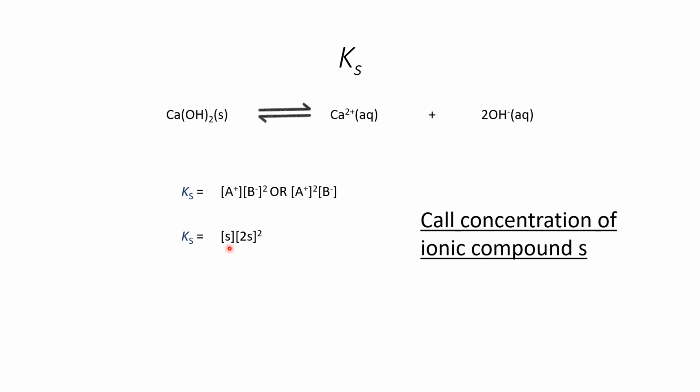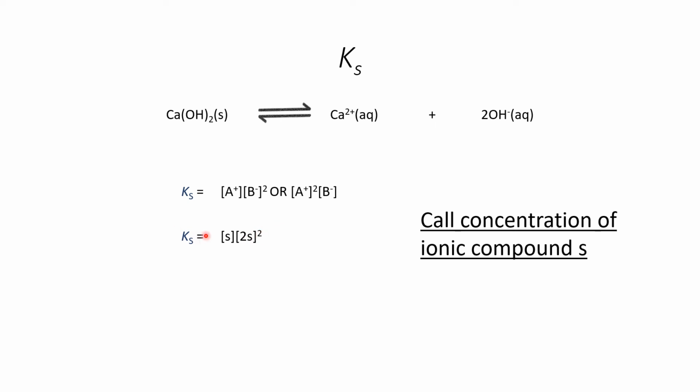So that is this S right here. You do not include the bracket, sorry, that's a typo on my part. For the hydroxide, you have 1 mole of calcium hydroxide, but 2 moles of hydroxide ions. So you're going to end up with 2S. And then you square that, because that's how you work out your equilibrium constant.